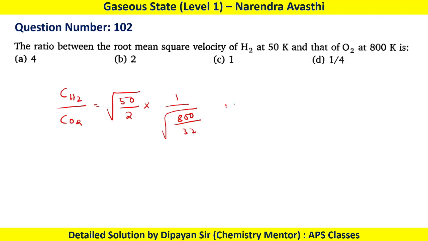Okay, so this is like 50 by 2, 32 by 800, and it will become 1. So option C will be the correct option.